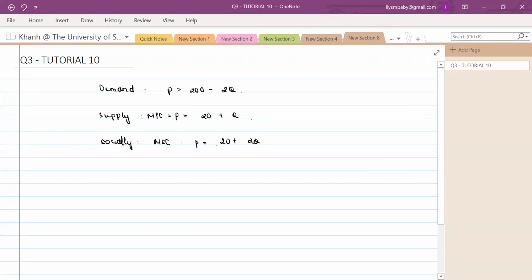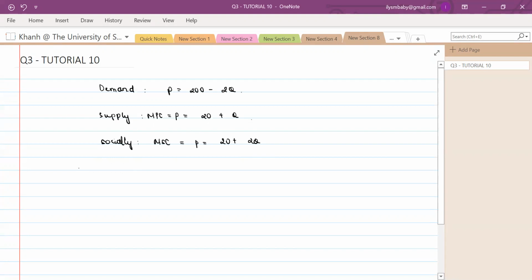As you can see, the marginal social cost is higher than the marginal private cost because it takes into account the external costs that the firm imposes on society and doesn't take into account.